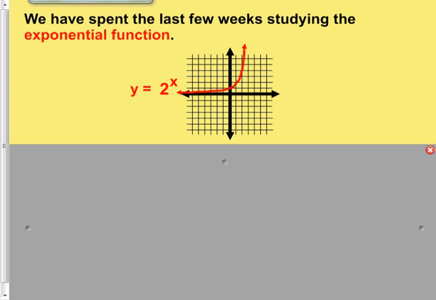So we've been looking at y equals 2 to the x, and as we have studied over the last few weeks, the exponential function, the parent function 2 to the x, is mostly horizontal going to the left of the y-axis, mostly vertical going to the right of the y-axis. It crosses the y-axis at (0, 1), and that's pretty much been the function that we've started with.